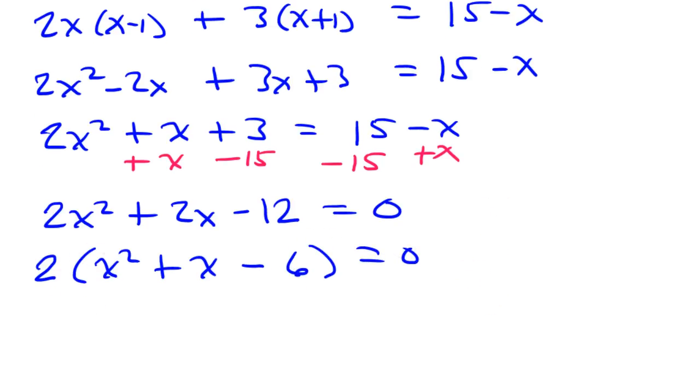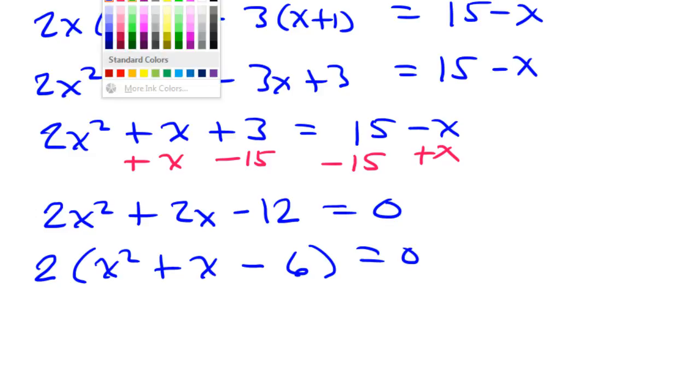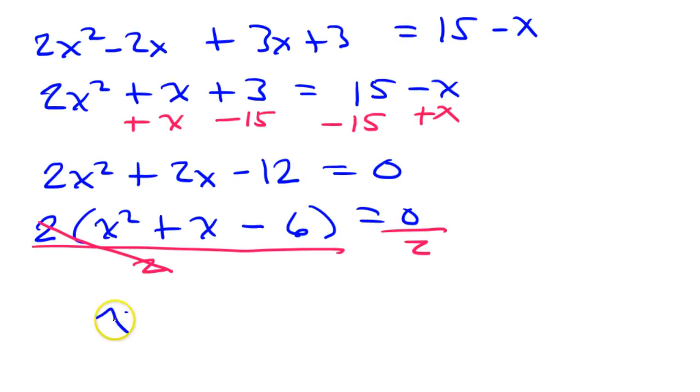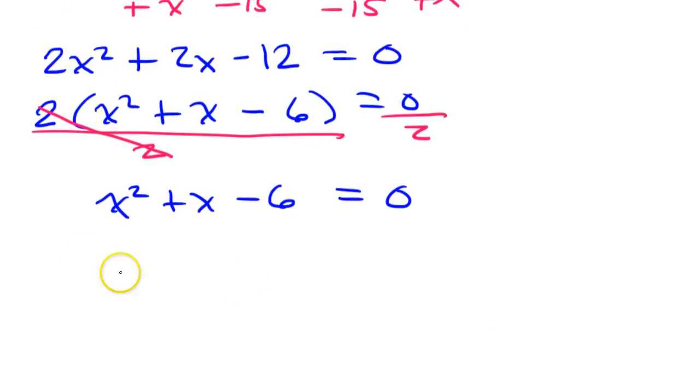Now I could keep this over here, or if I wanted to simplify things a little bit, I could divide both sides by 2 and cancel out those 2's. 0 divided by 2 is still 0. So now I'd have x squared plus x minus 6 is equal to 0. Just simplifying things. Now I can factor, hopefully.